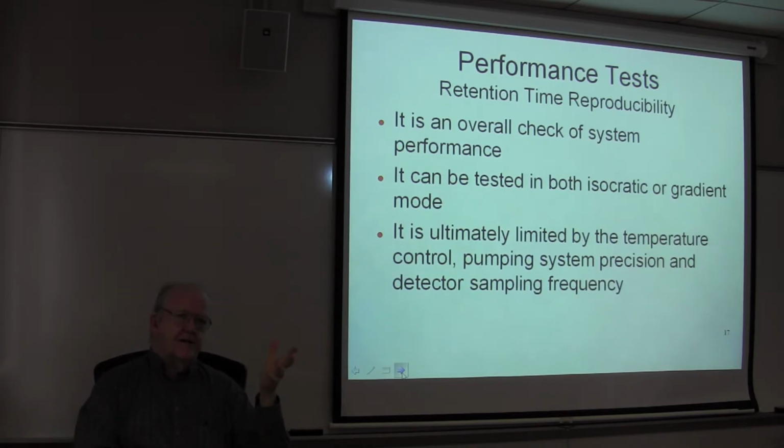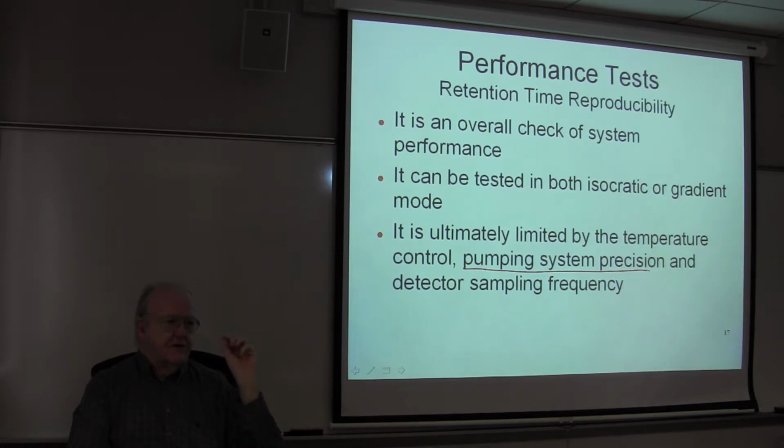If the column temperature is fluctuating, then the retention time is going to fluctuate, because the retention time is a thermodynamic property, and it depends upon temperature, depends on the enthalpy of the transfer from one phase to the other. It also checks the pumping system flow precision.